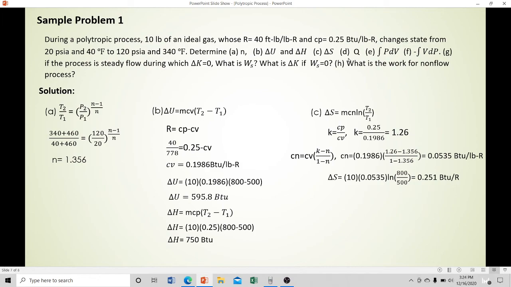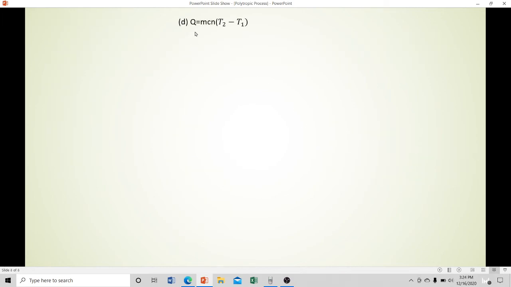So for the D, we have Q. We know that Q is equals to MCN T2 minus T1. So we have 10 pounds as given in the problem, and for the Cn, we have the value we got earlier, times the final temperature minus the initial temperature. So your Q is equals to 160.5 BTU. Okay? For the E is the work non-flow. So your work non-flow is equivalent to MR T2 minus T1 over 1 minus n.